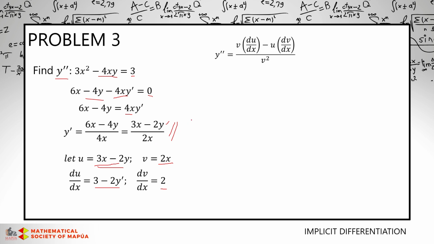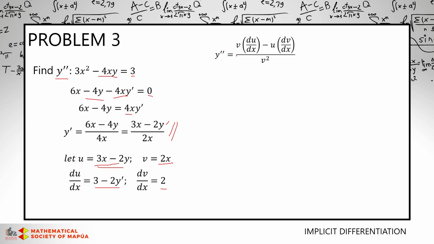Okay, so using the quotient rule, we have y double prime is equal to v du minus u dv over v squared, or low d high, low times derivative of high minus high d low. Yung kasi usually low d high minus high d low. Low refers to the denominator and high refers to the numerator.